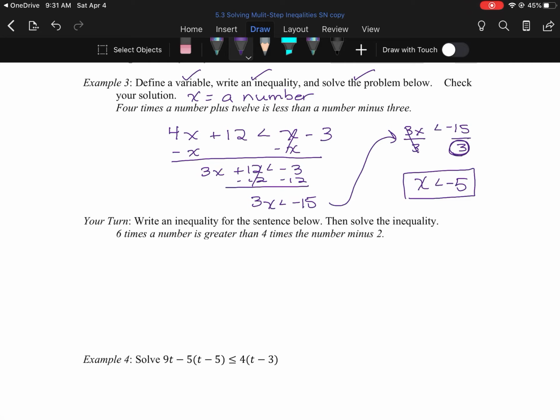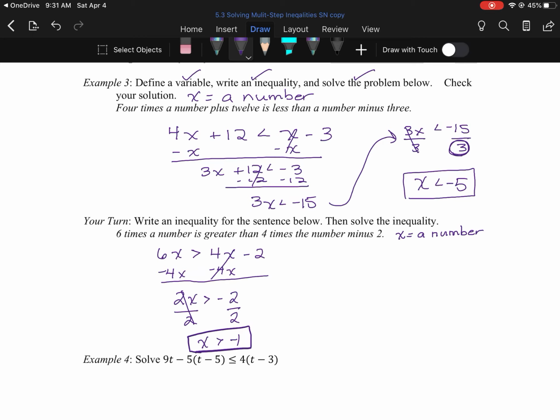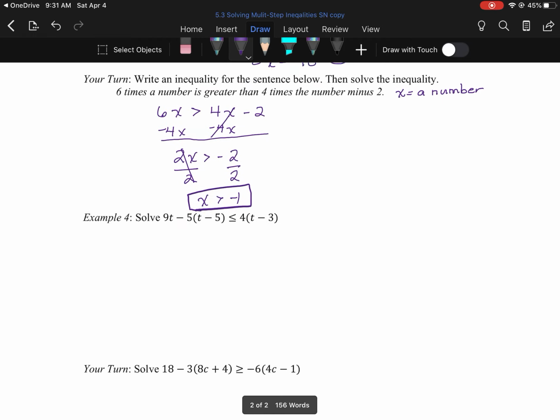So that works out. Again, pause the video, come back, try the your turn. All right, so you should have gotten x is greater than negative 1.